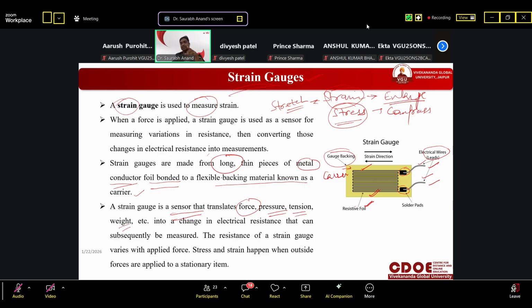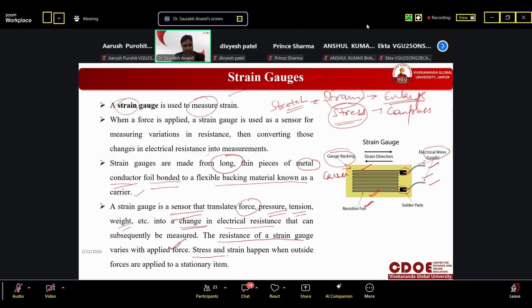And after sensing those forces, it will convert that into electrical resistance because whenever there will be compression or enlargement on the material, there will be variation in the electrical resistance. Means electrical resistance will be varied depending upon the force that we are applying on it. And that resistance of strain gauge varies with applied force. That is, I already told.